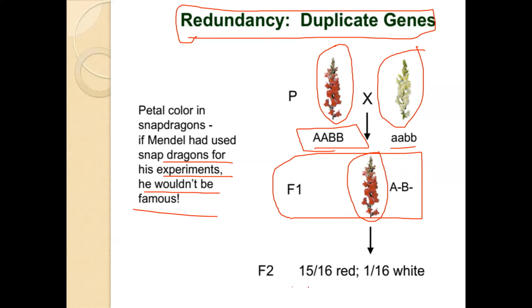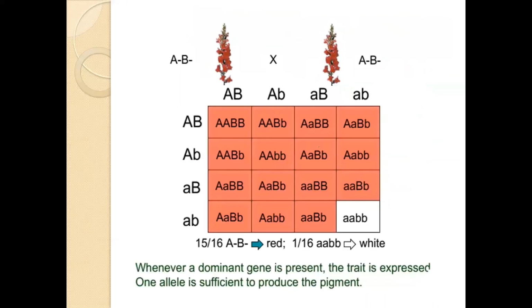And in F2 generation also, out of 16, 15 are red and 1 is white. Which one is white? That where small a and small b is present. That means both of the A and B genes are present in a homozygous recessive condition. So we get this kind of ratio.